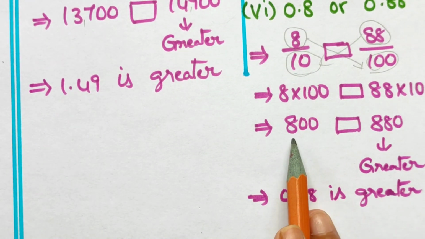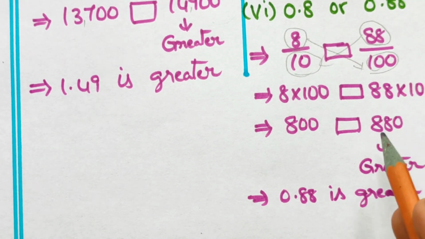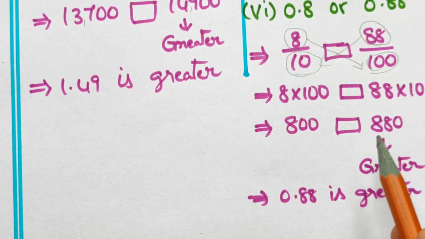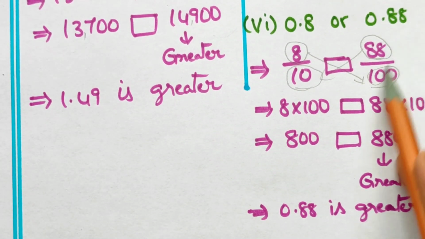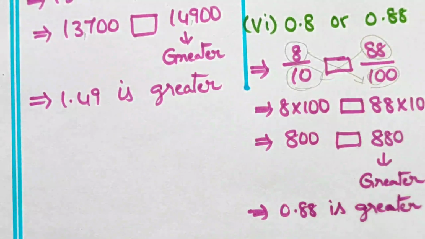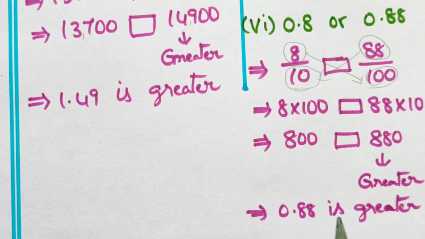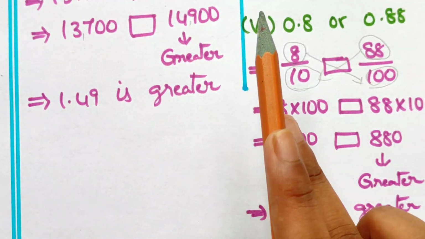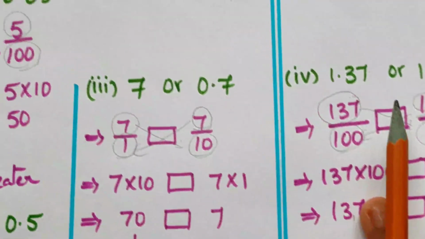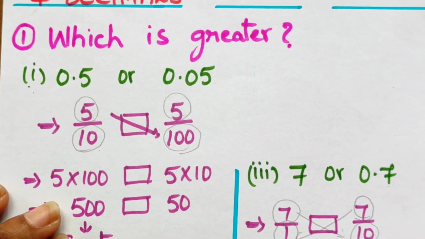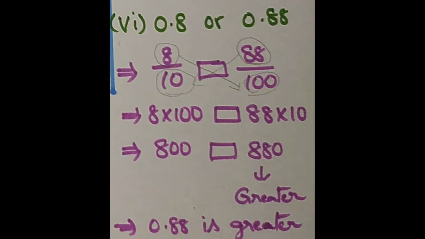Clearly 880 is greater than 800. What is 880? It is 0.88. What is 800? It is 0.8. Clearly 0.88 is greater. Therefore the answer for the sixth bit is 0.88. With this sixth bit and problem number 1 both get completed.